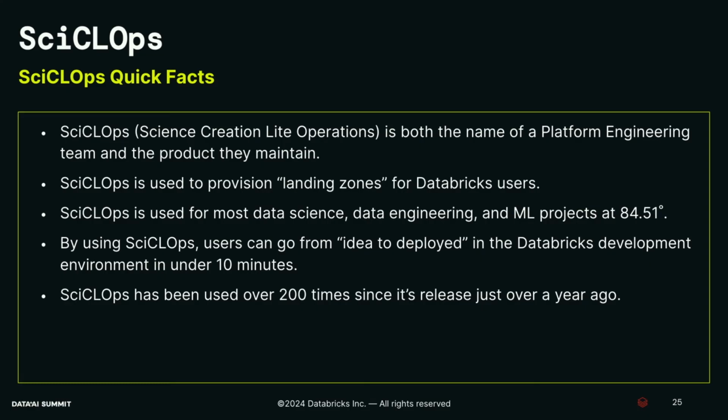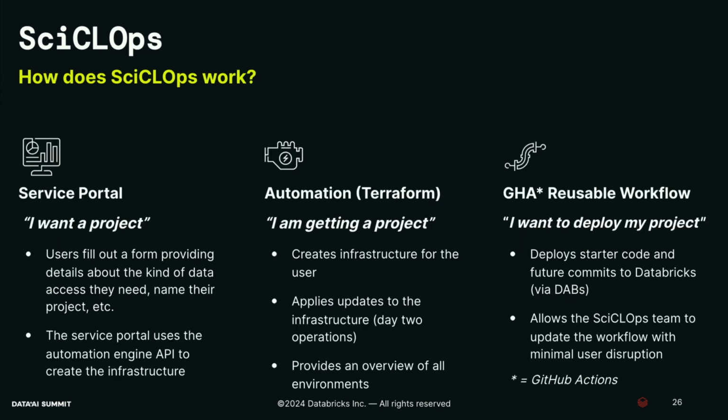You can get started in Databricks in just under 10 minutes by starting with our service portal, getting a GitHub repo from the service portal, as well as some templated code that you can begin deploying to Databricks. You can already sort of get a picture here of why DABs might be a natural fit for us. So we've now, as of today, had Cyclops used just over 200 times, and everyone since about a year ago has been deployed with DABs.